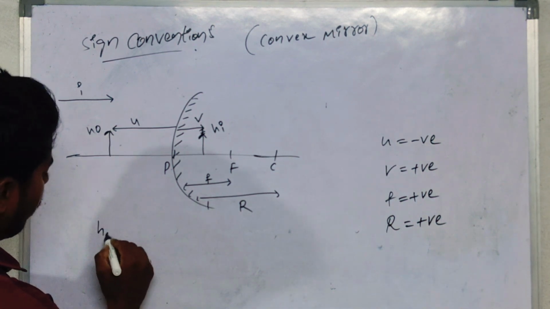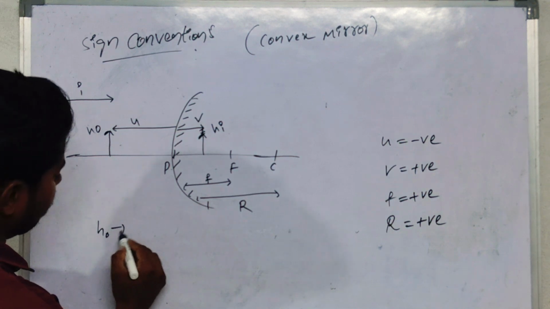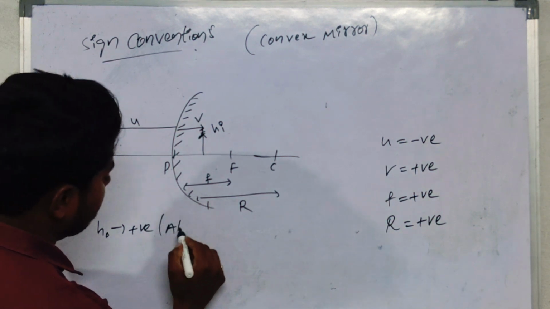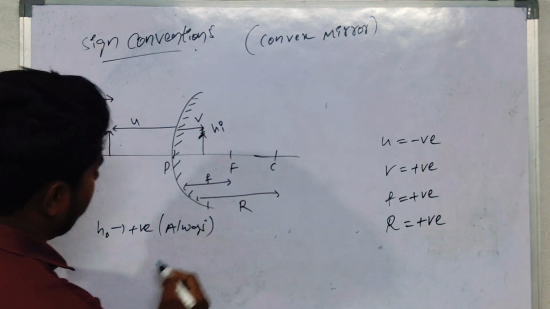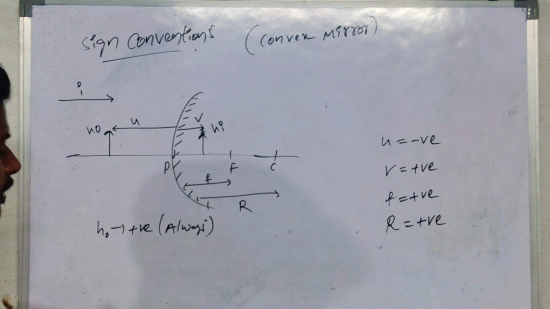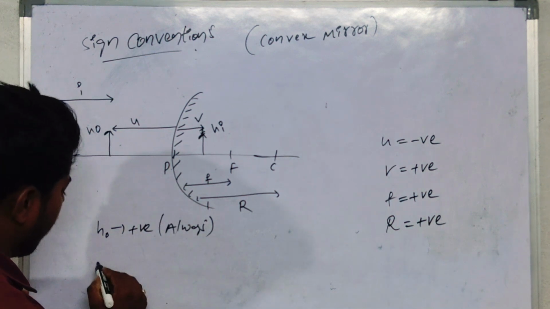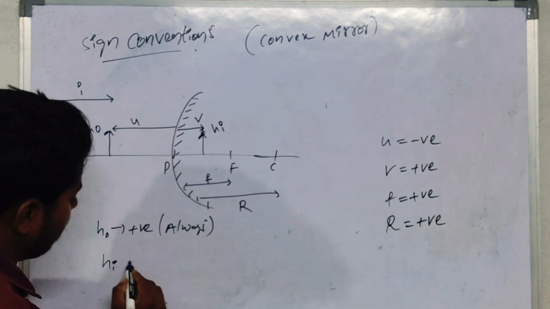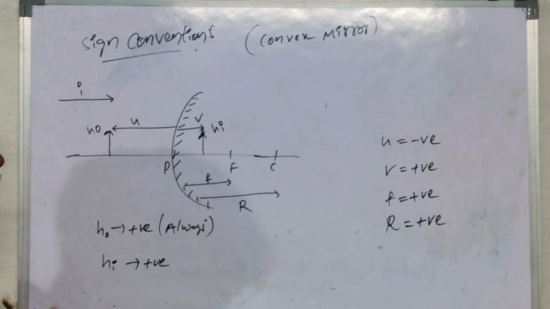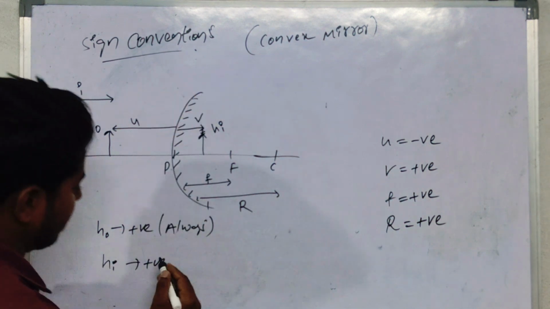So h0 is positive always, because the object is placed above the principal axis. So image height is positive. Image height is positive because it is above the principal axis.